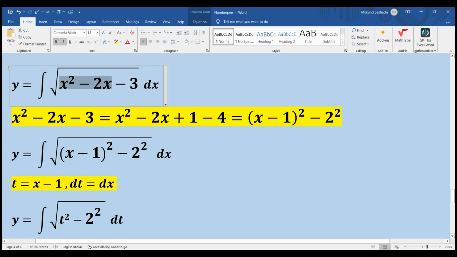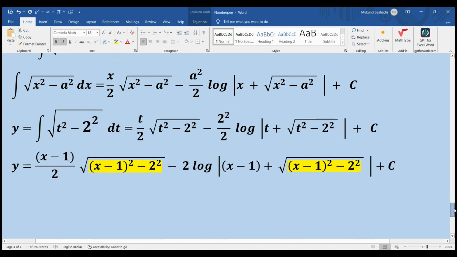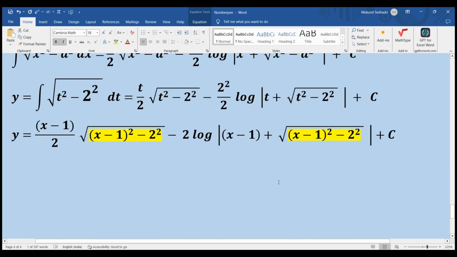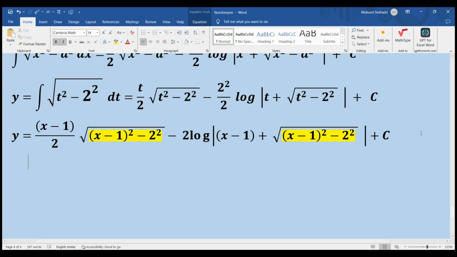So all that I'm going to do before I express my final answer is replace my x minus 1 the whole square minus 2 square, which is the term highlighted in yellow out here, with my quadratic expression x square minus 2x minus 3, right? So let's do that before we close our final answer.